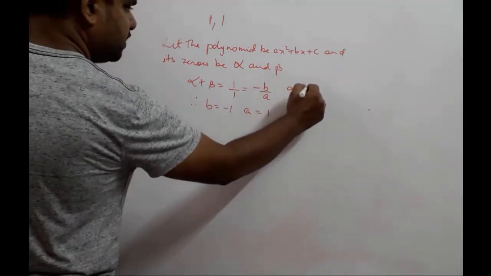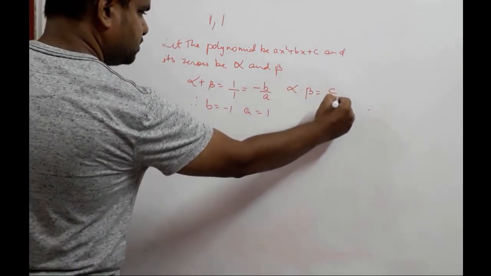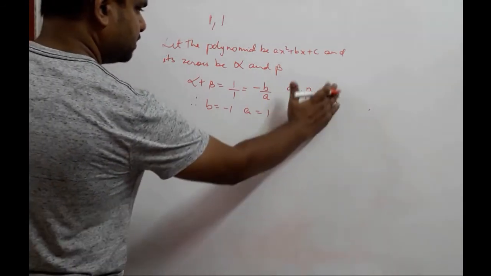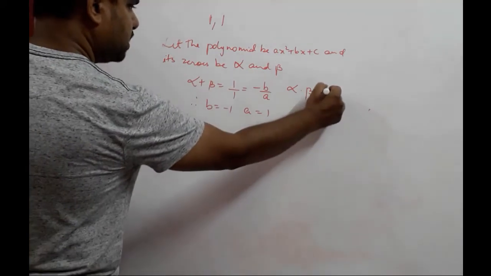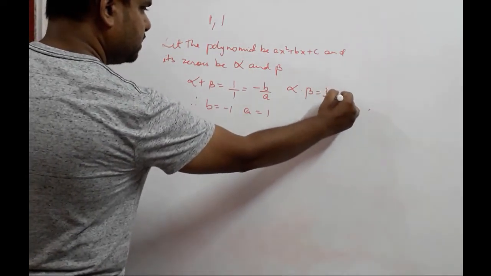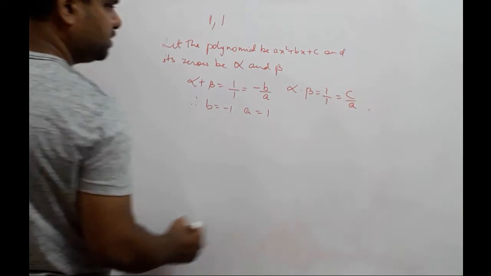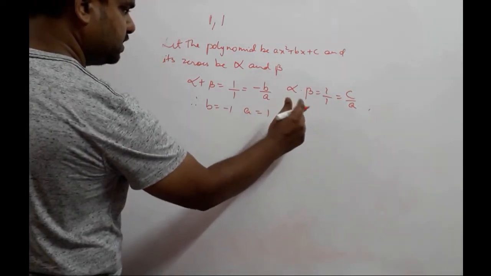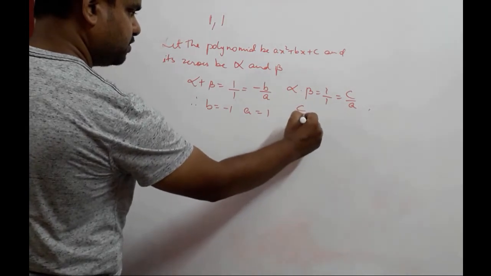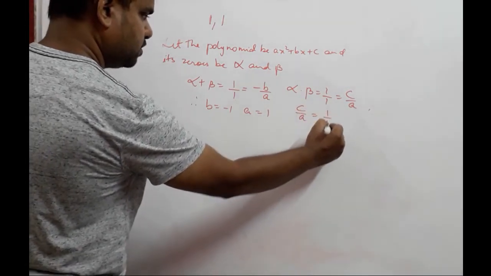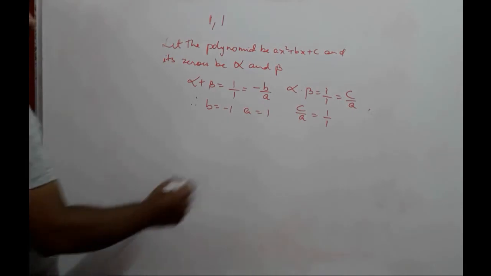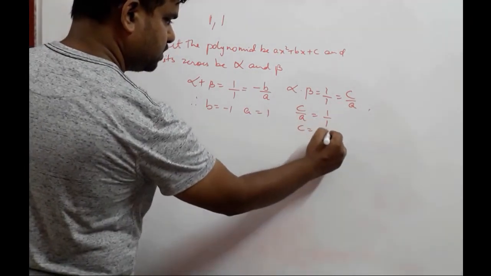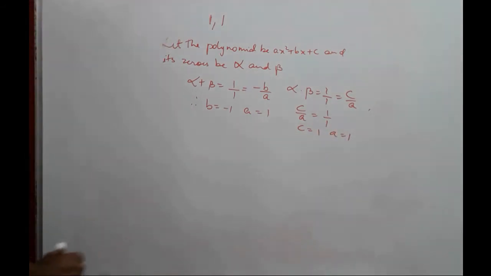Similarly, alpha into beta is equal to c upon a. Now alpha into beta is given as 1, which we take as 1 upon 1, and this is equal to c upon a. So it tells you that c upon a is equal to 1 upon 1, and therefore we can say c is equal to 1 and a is equal to 1.